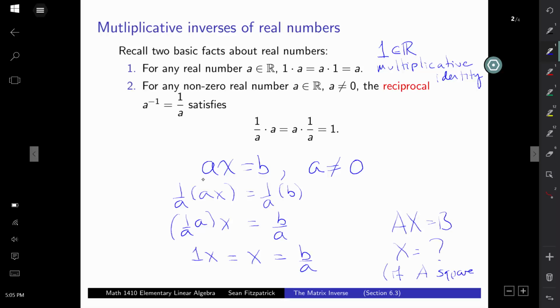So if A is square, we can think about solving this equation. Even if A is not square, there might be methods for solving it, but it's trickier. You have to deal with one column at a time and analyze things on a case-by-case basis, so it's not something that we need to do, and we'll avoid that discussion.